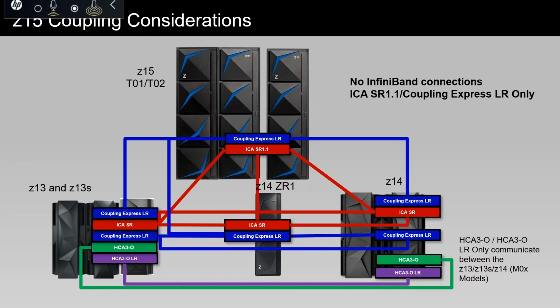And if you're in a Plex with a Z13 and you're still using the InfiniBand, your options are to either put a Z14 standalone coupling facility, or if there's a Z14 in the sysplex, you can go from the InfiniBand to the Z13 to the Z14 and then do the Coupling Express or the ICA to the Z15.